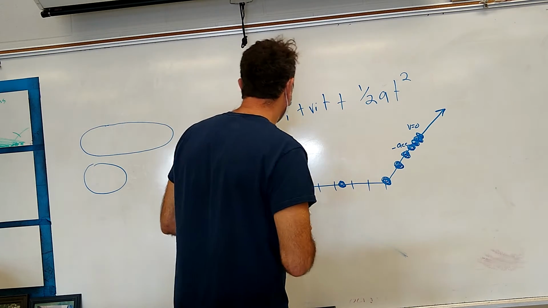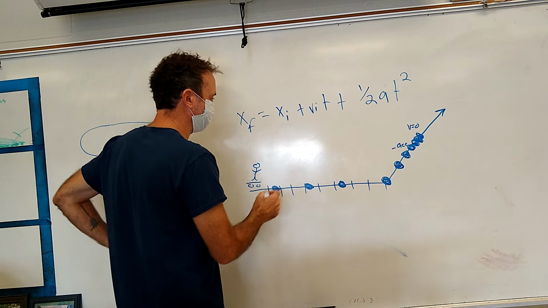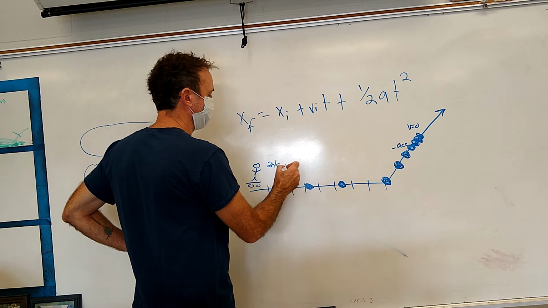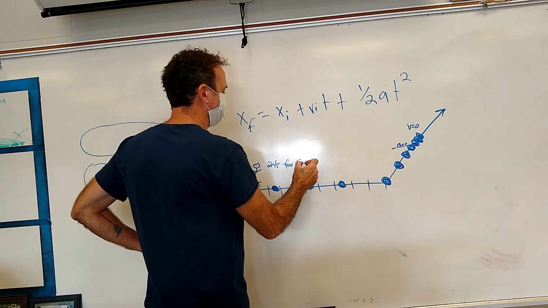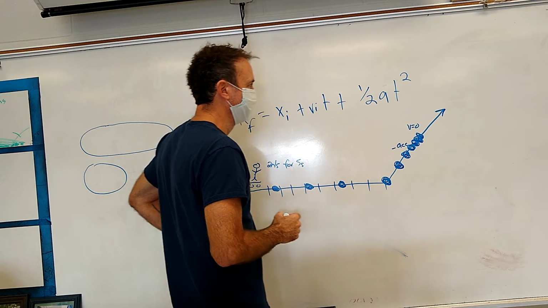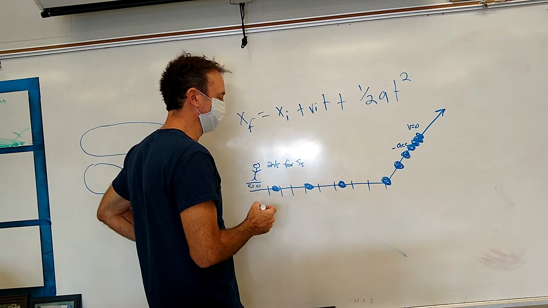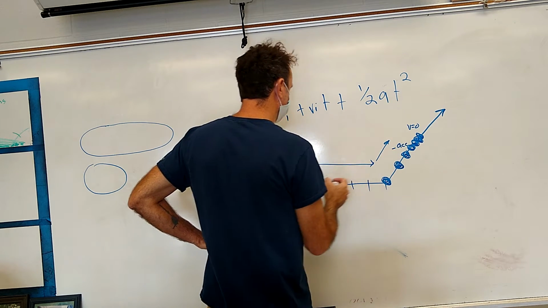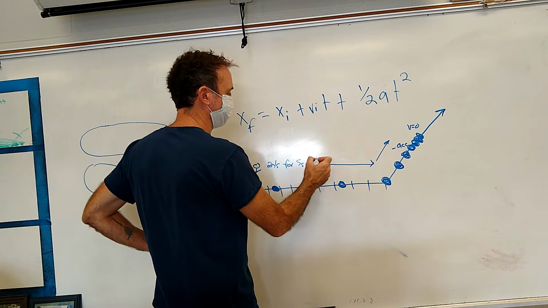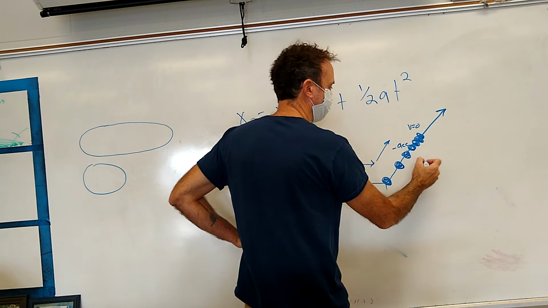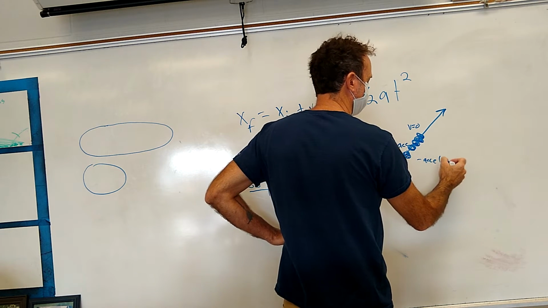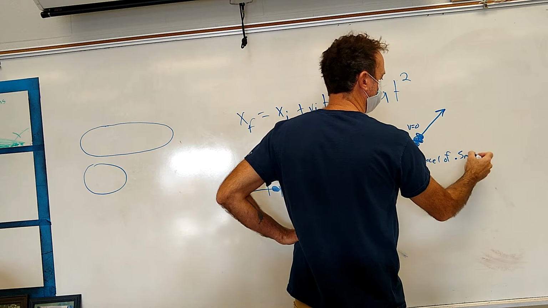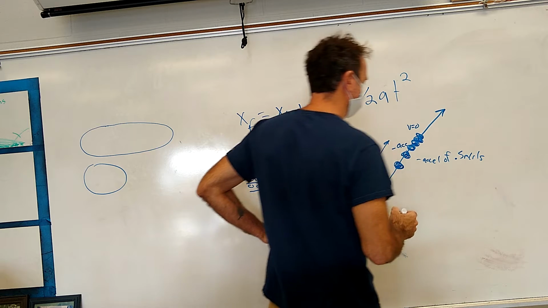So we could do a problem like this. We could say a skater skates at 2 meters per second for 5 seconds. Then comes to an incline and begins to negatively accelerate. Over here they have a negative acceleration of 0.5 meters per second squared, okay?